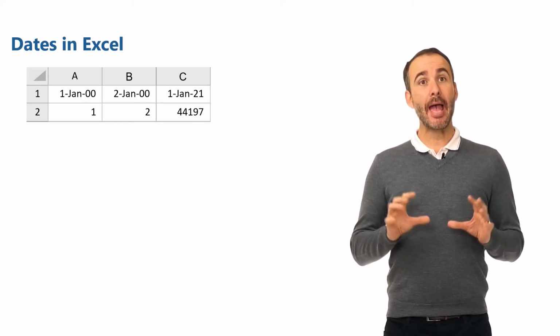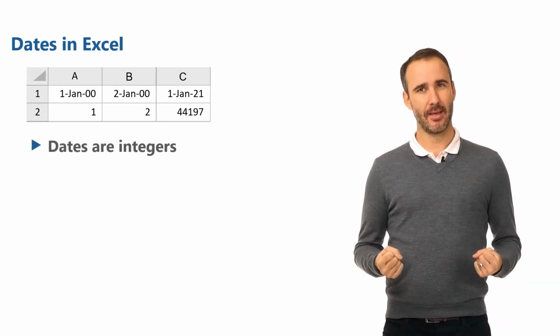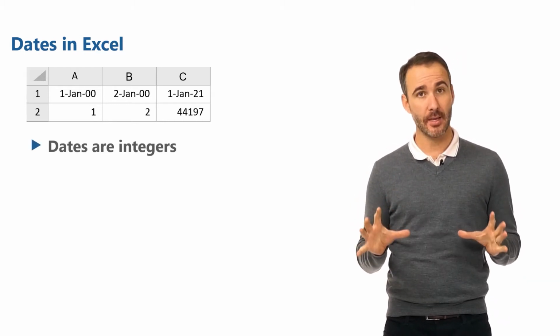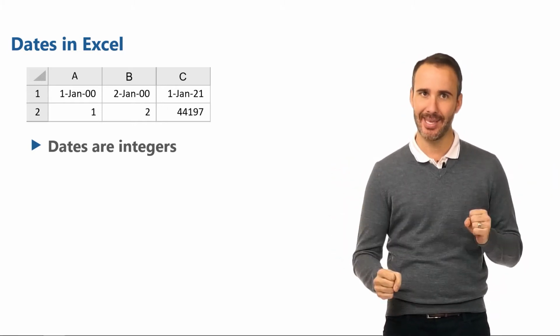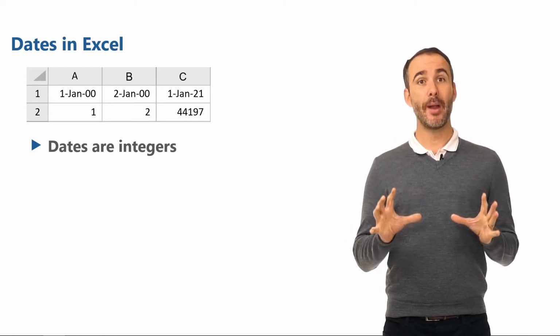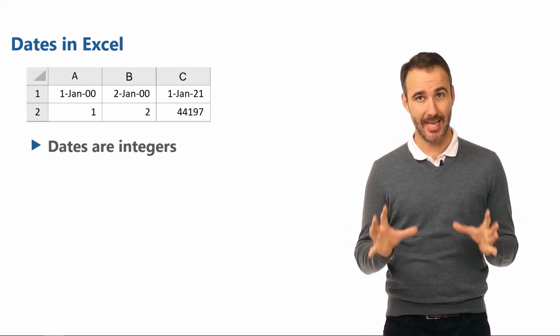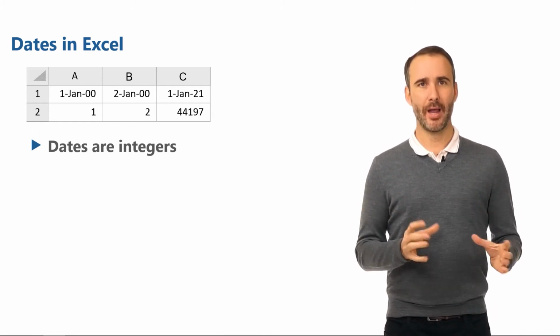Anyway, dates are actually integers, just formatted to look like a date, with Excel also recognizing that this format is broken down into days, a month, and a year. And the 1st of January 1900 represents the first date in Excel, for PCs at least, or it has a value of 1.